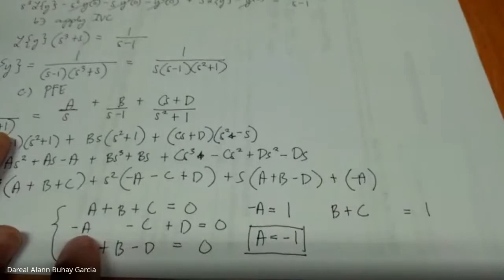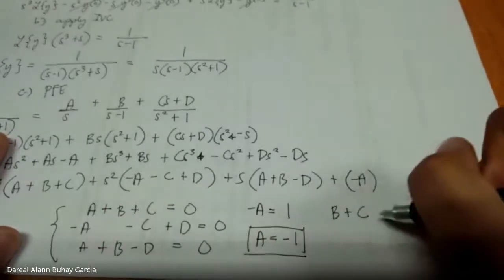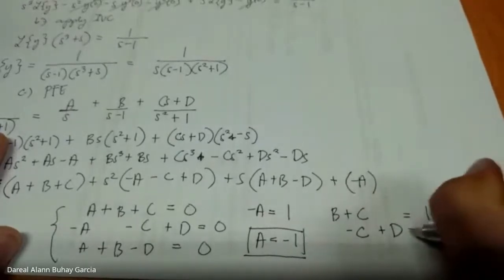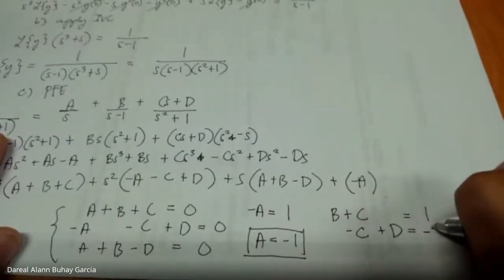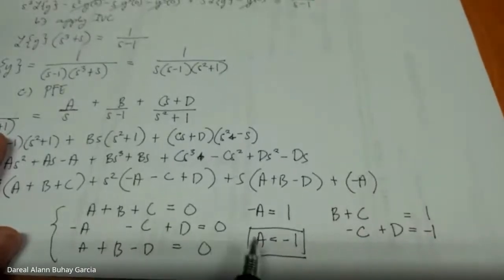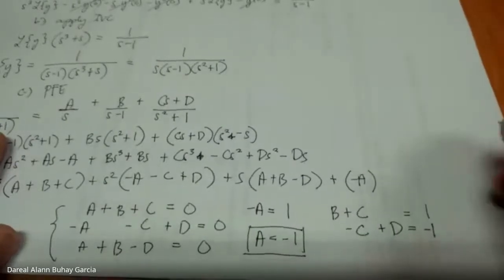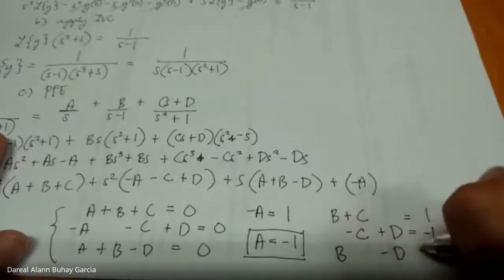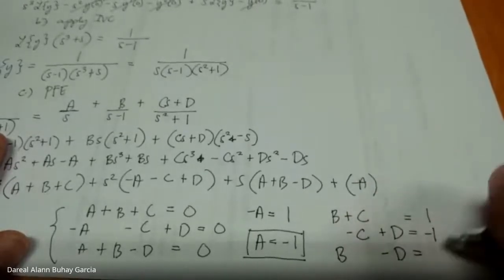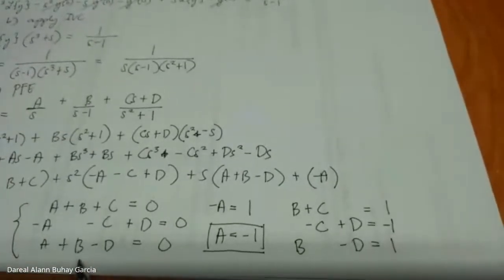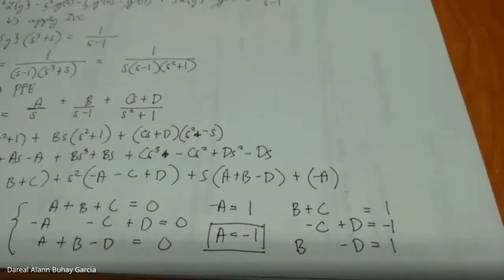And negative a is positive 1, transposed to the other side, negative 1, so negative c plus d is equal to negative 1. Then b minus d is equal to positive 1.